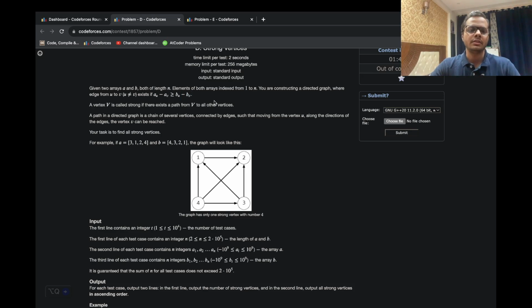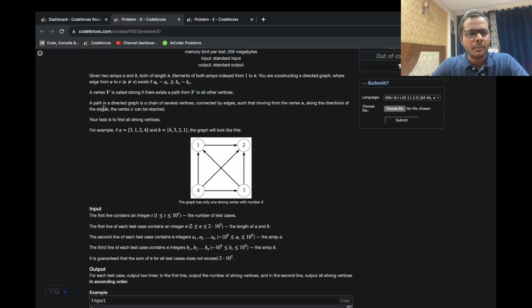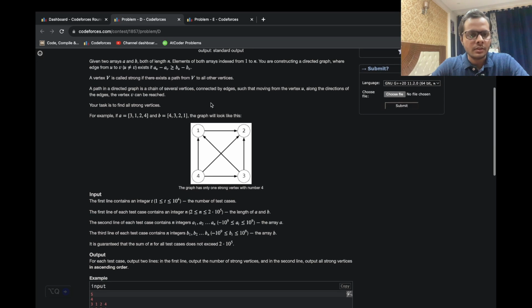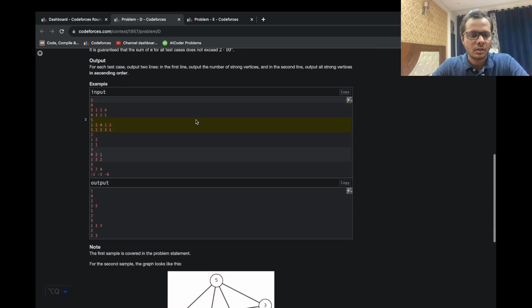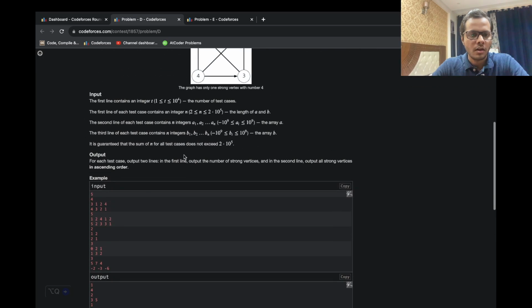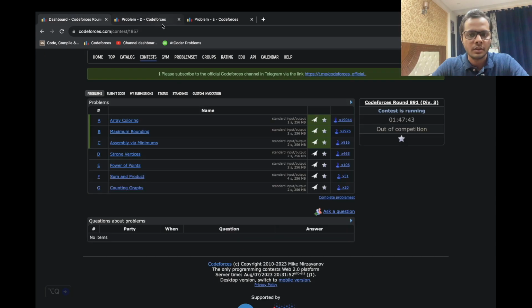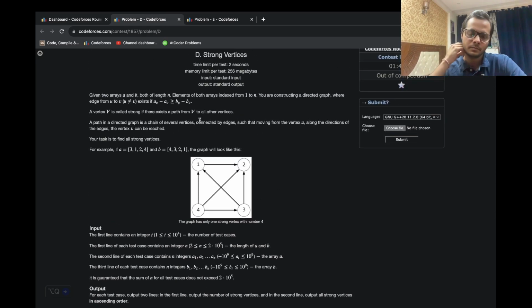A vertex V is called strong if there exists a path from V to all other vertices. Make sense? A path, I know what a path is. Your task is to find the number of strong vertices and all the strong vertices in ascending order. Yeah, that makes sense. Now how do we do that?